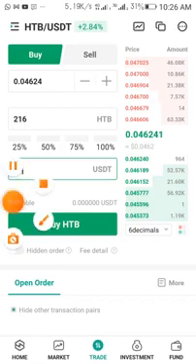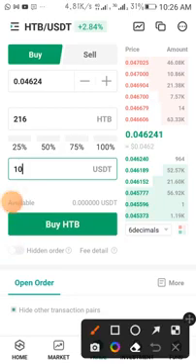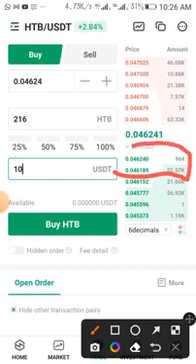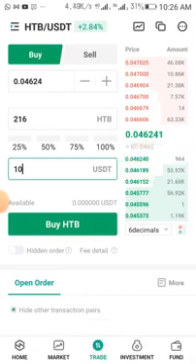I want this order to be completed faster, but I don't want to buy at the merchant's rate. So I will just go ahead and maybe set my rate in between this range, or maybe even to this second merchant here. Look at it.